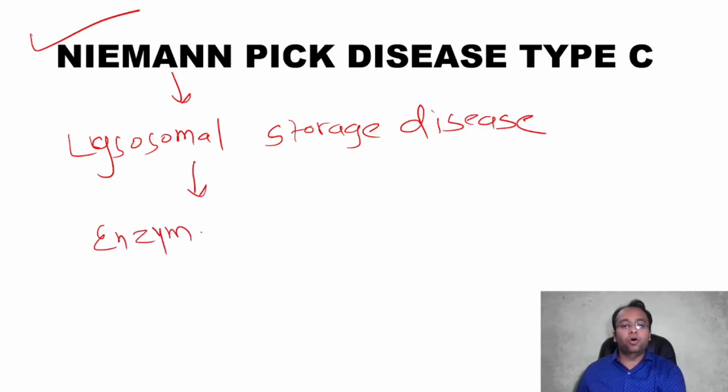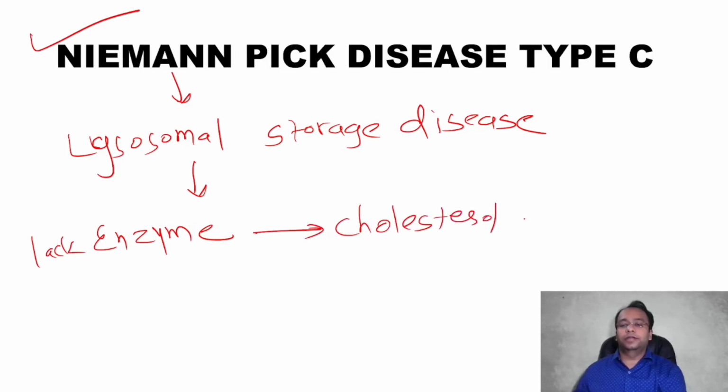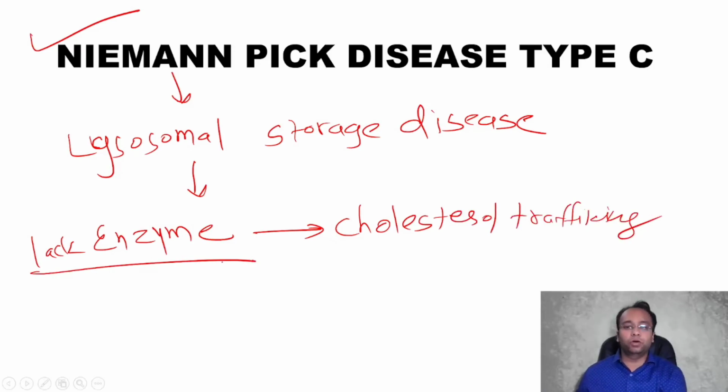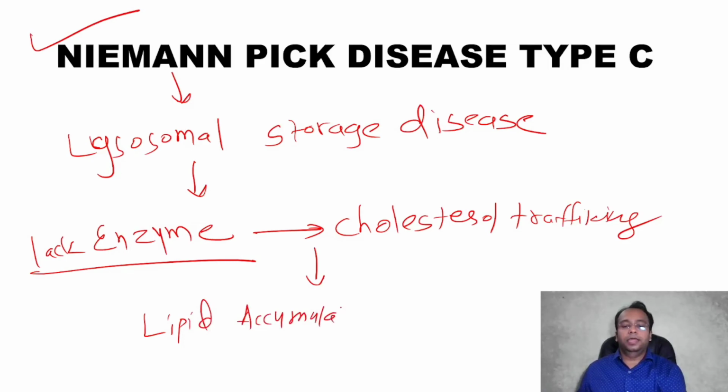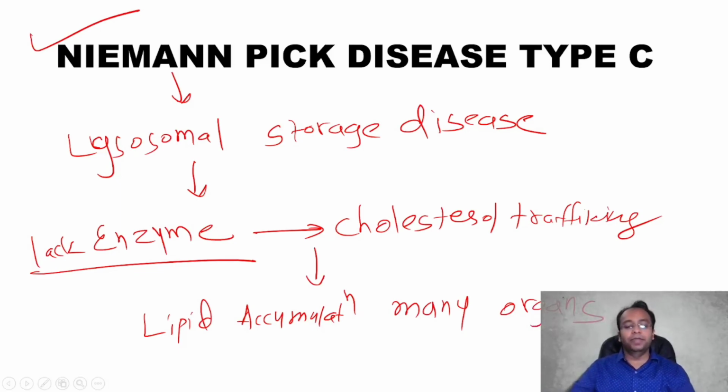There is a lack of enzyme which is involved in cholesterol metabolism or cholesterol trafficking, right? So there is a defect in the enzyme involved in cholesterol trafficking, and so that's why there will be lipid accumulation in many organs, right? In many organs. So that's Niemann-Pick disease type C.